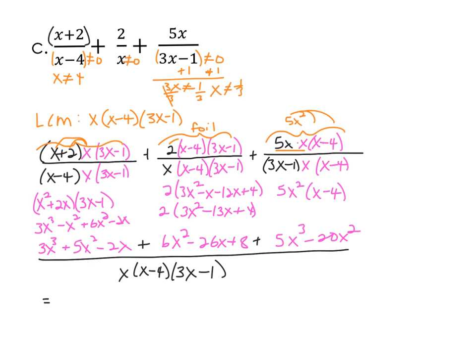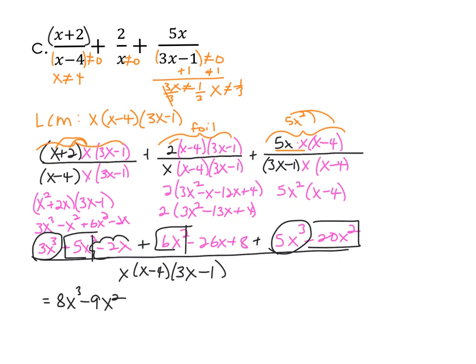To combine like terms to simplify the numerator, I have a 3x cubed and a 5x cubed for 8x cubed. We have a minus 5x squared, a 6x squared, that would be 1, minus 20x squared would be minus 19... Actually, we have negative 2x minus 26x for minus 28x.